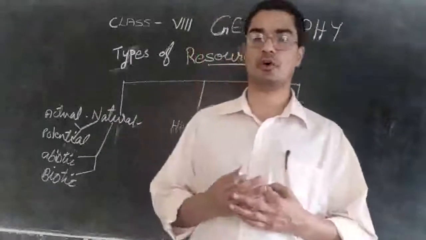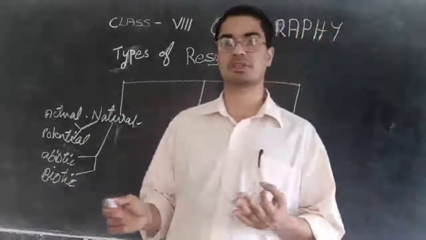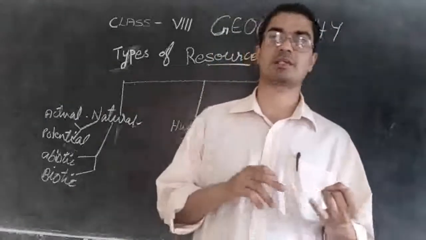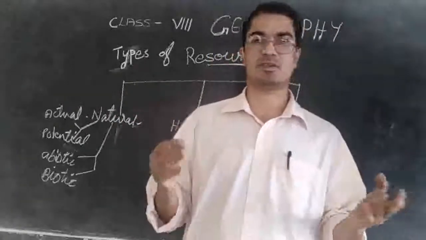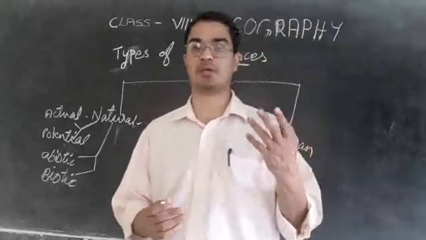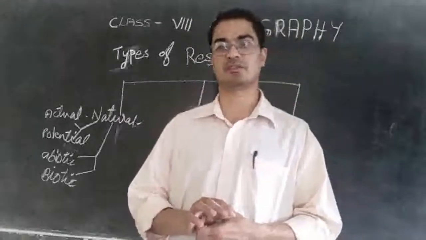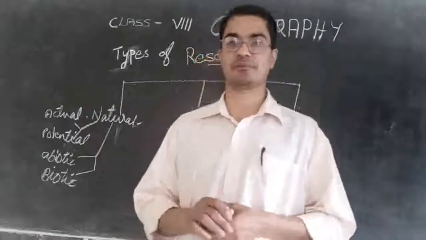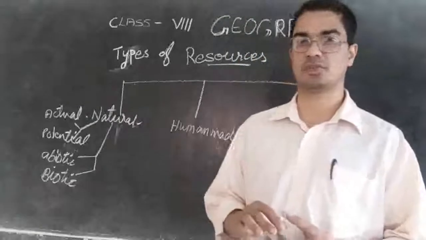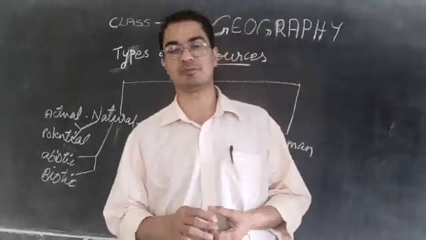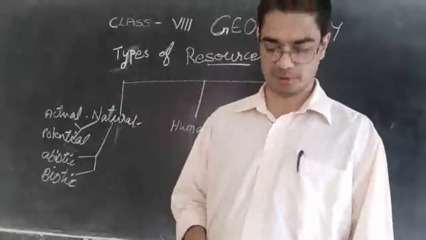They all have no life. On the other hand, biotic resources have got life. For example, the animals that are moving around, and the trees, though they are not moving around, they are growing. Therefore, they also have got life. So human beings, what kind of resources are we, biotic or abiotic? We are also having life, is it not? So human beings are also biotic.